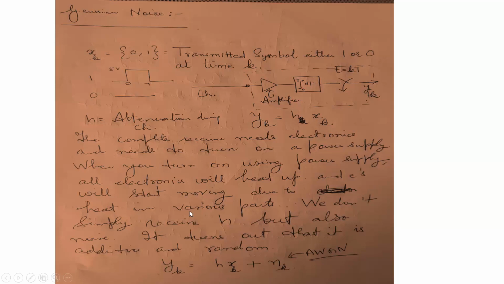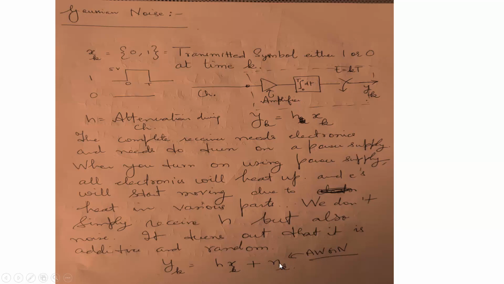So we don't simply receive h, which is the attenuation, but also noise due to this receiver electronics. It turns out that the noise is additive and random. Therefore yk is h xk plus nk, which is additive white Gaussian noise.